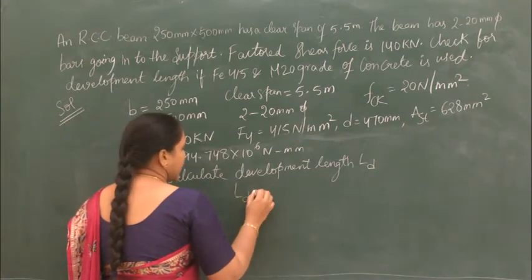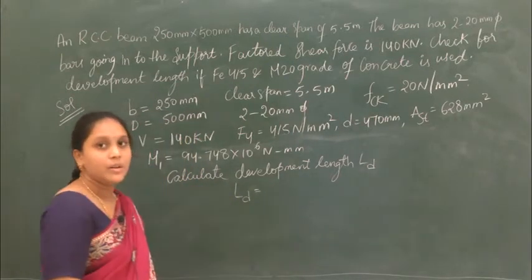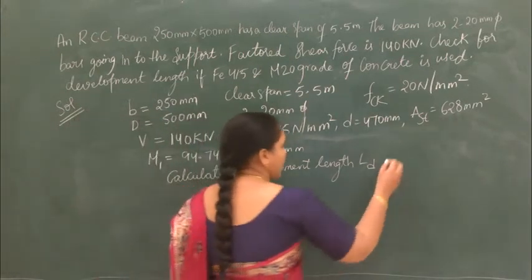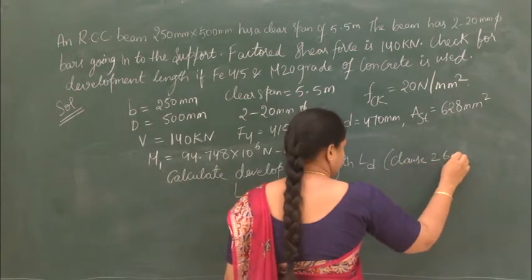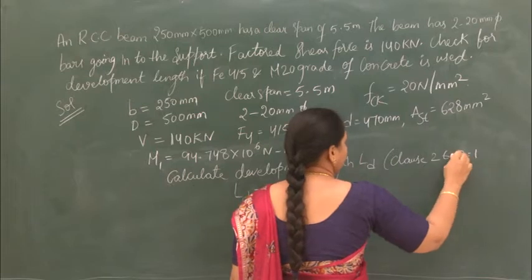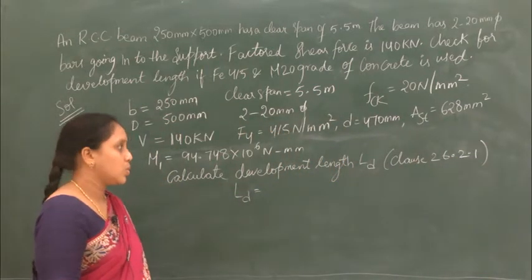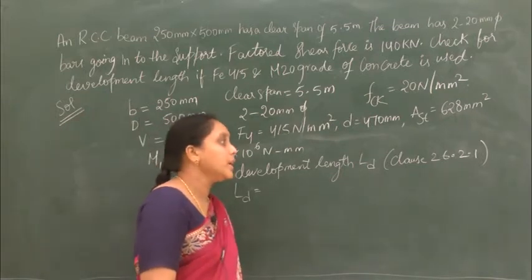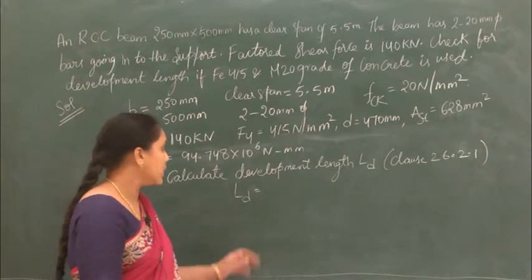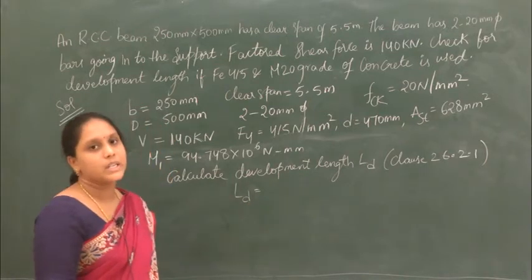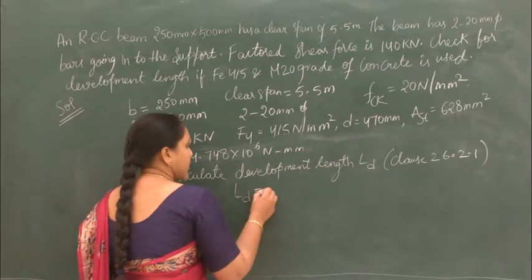LD can be calculated by using the equation which is given in clause 26.2.1 of IS 456-2000. So in clause 26.2.1 of IS 456-2000, the formula for calculating the development length is given. So by using that, let us calculate the development length.